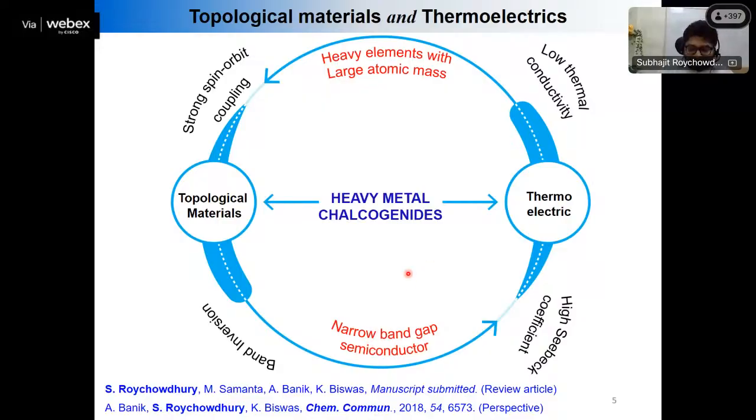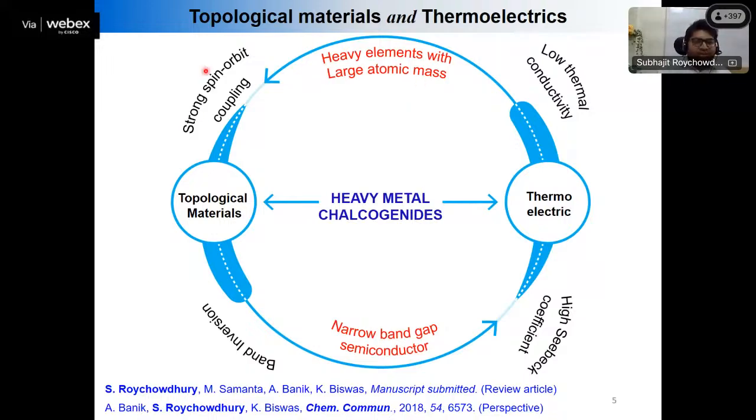I'll come to topology in a minute, but as you know, in topological materials you need a strong spin orbit coupling so that you can get a band inversion. At the same time, you need a low thermal conductivity and a high Seebeck coefficient. All these properties can be satisfied if we choose a heavy element with large atomic mass.